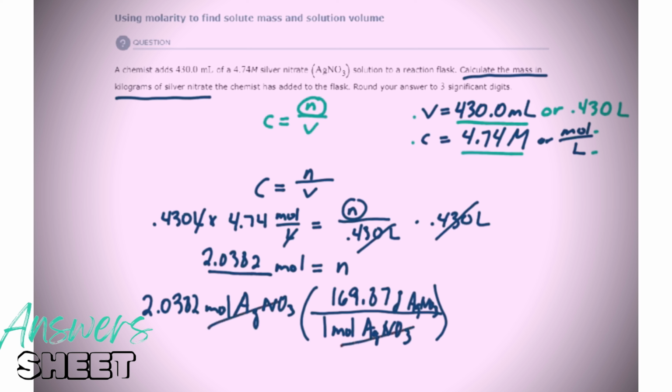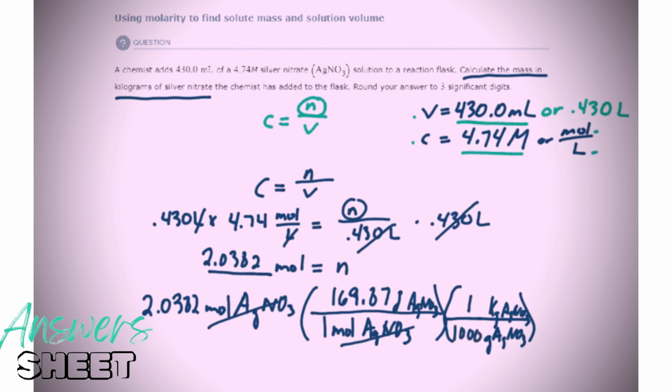Moles cancels out. And then I add a second conversion factor to take me from grams of silver nitrate to kilograms of silver nitrate.